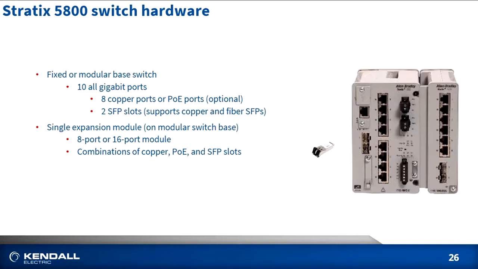This is a fixed or modular based switch. It is an all gigabit port. You have the option of copper and power over Ethernet, and if you notice on the right, we can now put expansion modules on the 5800. You can get combinations with the expansion modules of whatever you need, whether it's copper, power over Ethernet, or fiber.